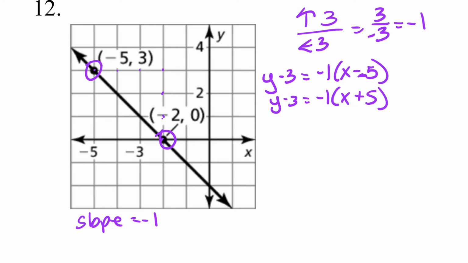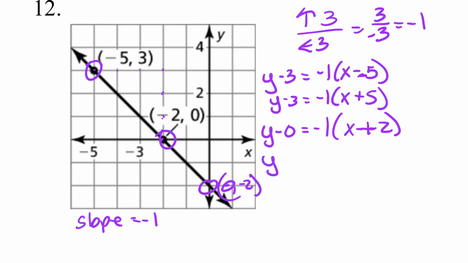So I can do y minus 0 is equal to negative 1 times x minus negative 2, which turns into x plus 2. I could also do it with this point, which is actually 0, negative 2. I get y plus 2, because of that negative, is equal to negative 1 times x plus 0.